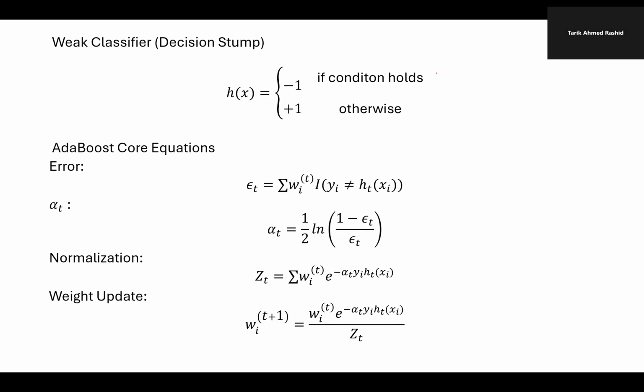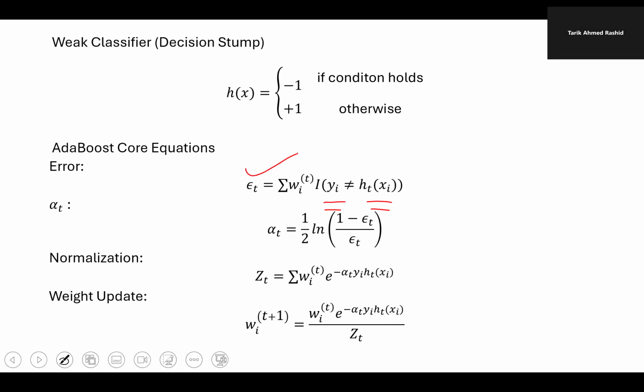And then there are some equations for how to find the error. This is the class, and this is the weak classifier. If they are not equal, it is an indicator of error, and that error has to be minimized.